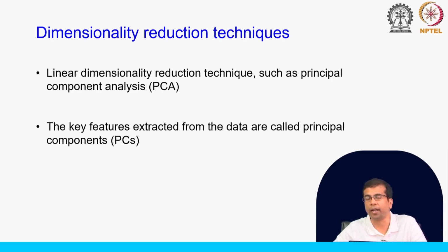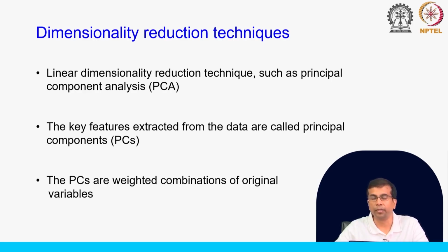Now, what these PCs are? These are simply weighted combinations of the features or the genes that we have. Okay. So, this is what we get, right. The PCs are weighted combinations of original variables. Now, these combinations are linear combinations, right. So, that is why it is called a linear dimensionality reduction technique.